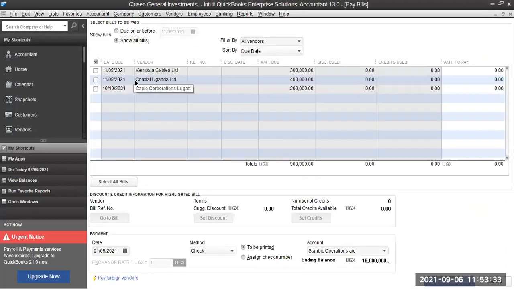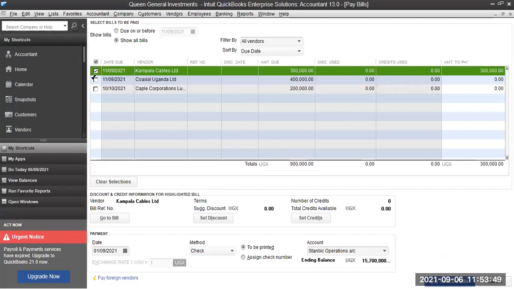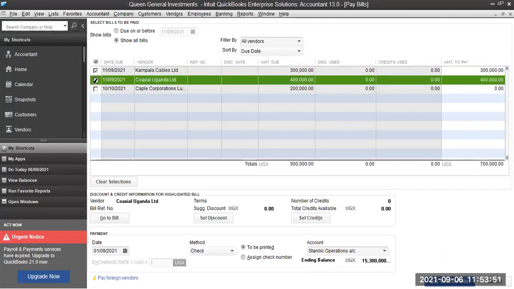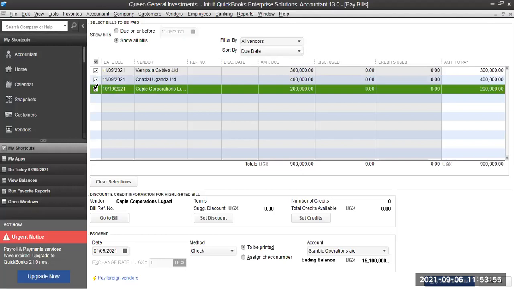When you say pay bills, the vendors will come in with their amounts due, or the money that they are demanding. Since we are paying each in full, you check each checkbox according to the person that you are going to pay.